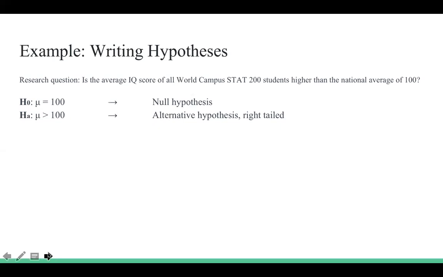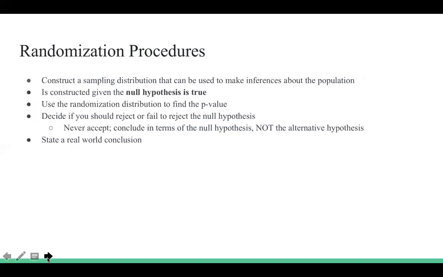If our null hypothesis is what we decide on, then we are saying that the average IQ score of all World Campus Stat 200 students is not higher than the national average of 100. But if we go with the alternative hypothesis, we're saying that the average score is higher than the national average of 100. When we make that decision, we have to write it out in specific terms.